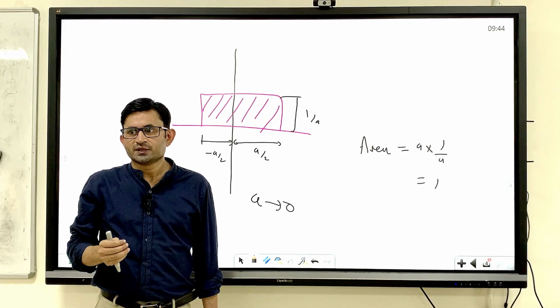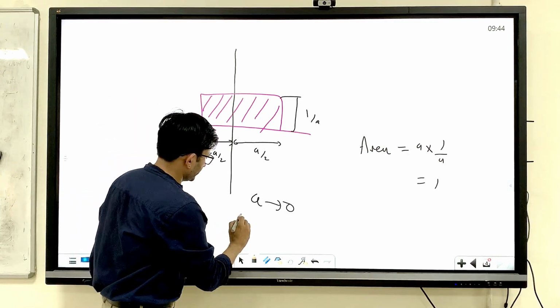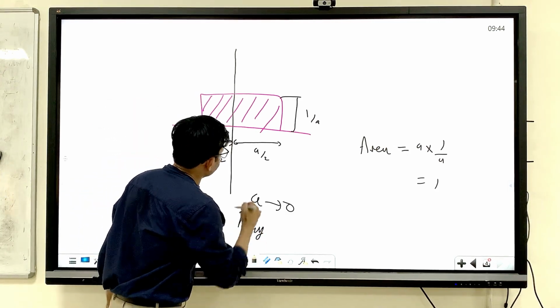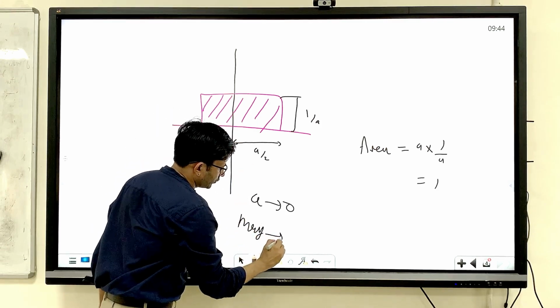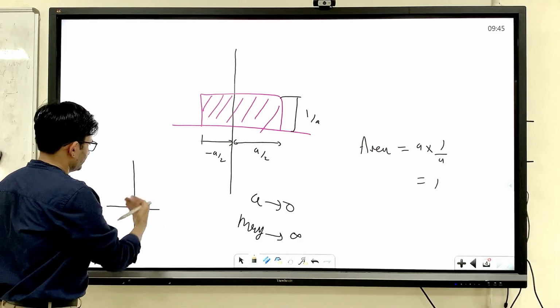In that sense you can say it is tending to infinity. So the amplitude will go to infinity. That means impulse is something like that.